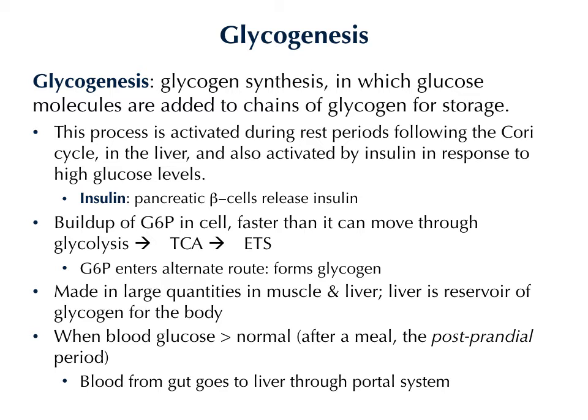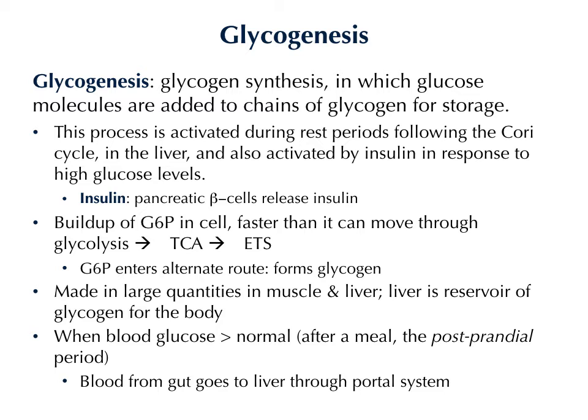And just like when you're stuck on the highway and there's too many cars, you are going to find an alternate route and get off that highway, right? So what happens with G6P, instead of undergoing the whole glycolysis pathway, it enters the glycogen formation pathway, which is called glycogenesis.